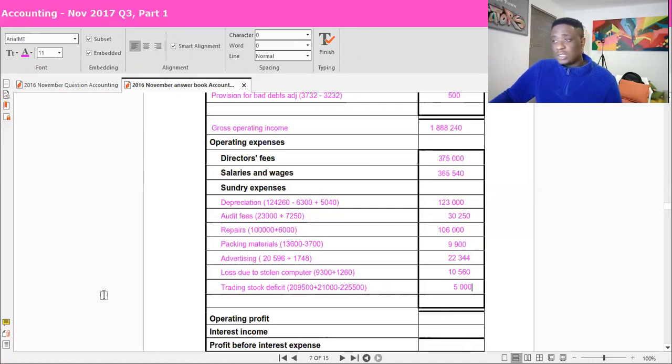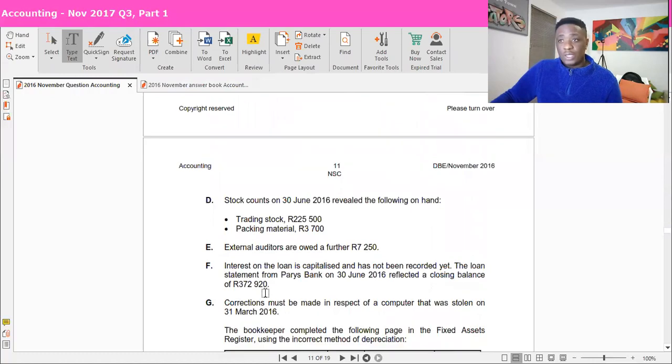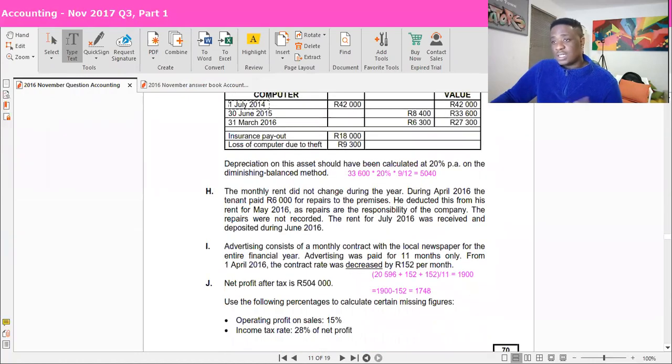And that pretty much is all our expenses, but we are still struggling to calculate operating profit because we do not have one figure: we have a question mark there for sundry expenses. So we need to find a way to balance it, and the way to balance it is on information J. Here they tell you that operating profit on sales is 15%.